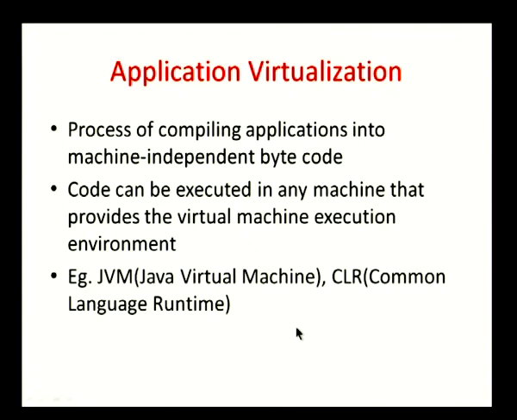Another one is Common Language Runtime, CLR. CLR is also similar to the JVM, it is a Microsoft product. In the .NET environment you have CLR, so that they claim that it is an inter-language platform. You can develop different compiled versions of different languages and they will run in the CLR, Common Language Runtime.